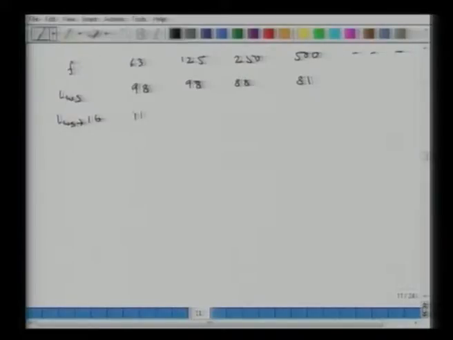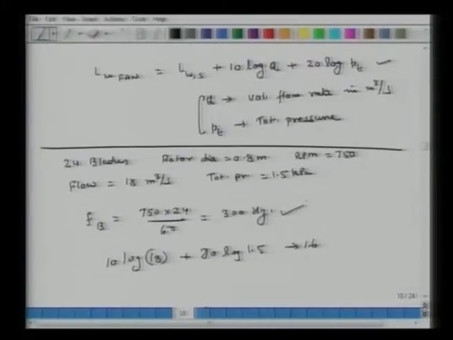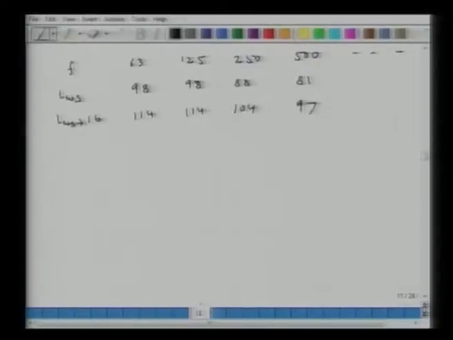114, 114, 104 and 97. So this is the sound power level this fan is going to emit for all frequencies except at 300 hertz. For 300 hertz, what is the adder I have to put?